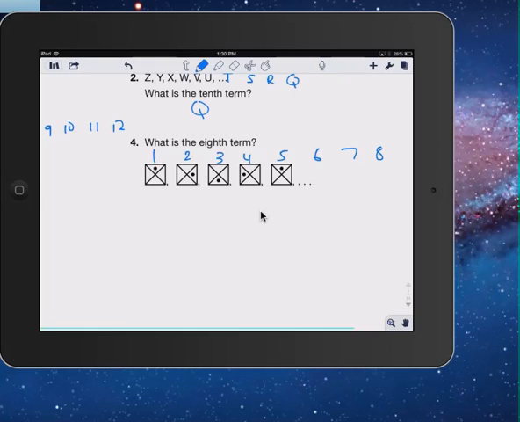The third one. We have to draw it. Okay, draw it. Which picture does it look like? It looks like the number 4, right? So 5 is this one, 6 has to be this one, 7 has to be this one, 8 has to be this one, right? So that's the 8th term.